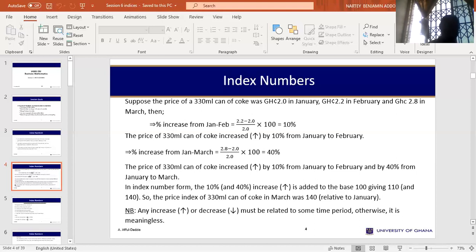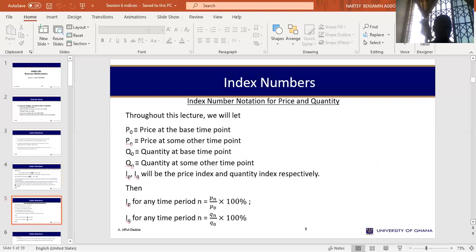Now, let's also look at the quantity or volume relative. What we have just talked about is the price relative. The quantity relative is based on the quantity produced or sold.